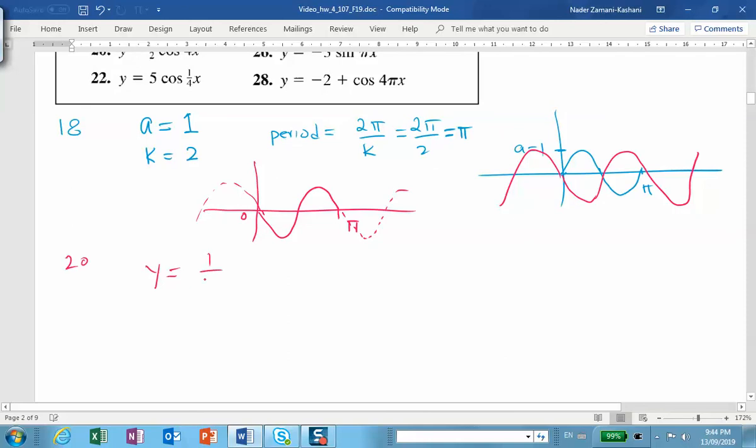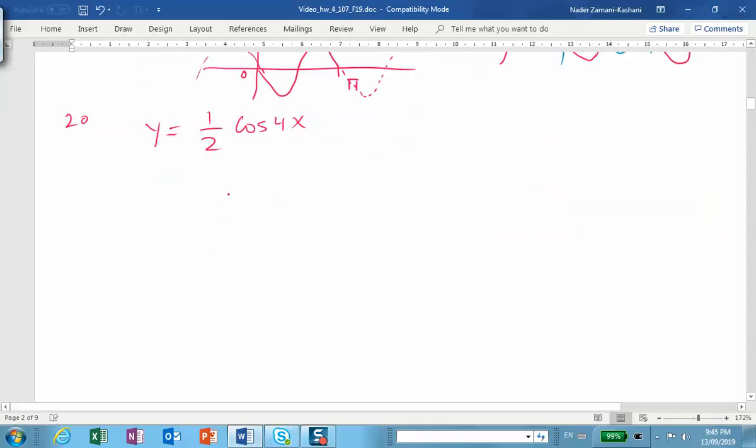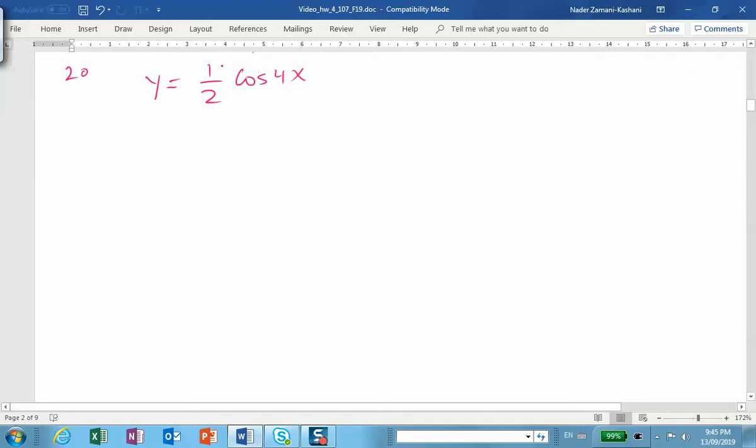Okay. So this number is the amplitude. It's a positive number. A is equal to 1/2. And k is 4, which means period is equal to 2 pi over 4, which is pi over 2.